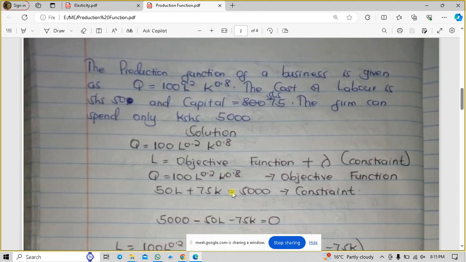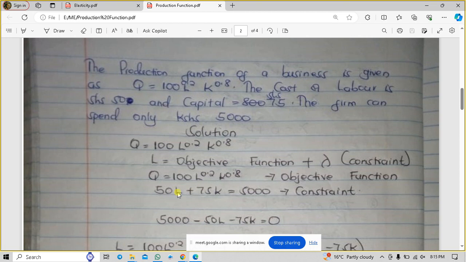Our constraint function, you take now the cost of labor that you have been given. Here our cost of labor is 50. So that means that our constraint will be 50L, because this is the cost of labor and we have L now.